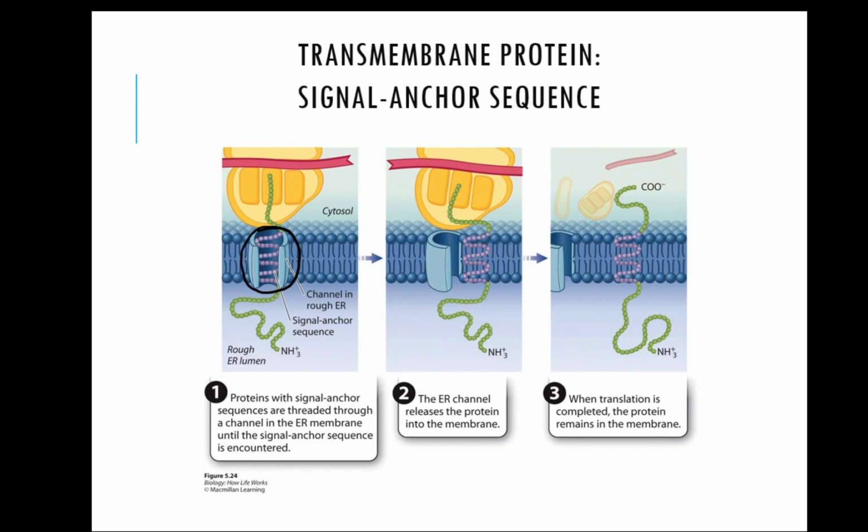You can't put those into the ER lumen. That would be a big flashing red light. What happens is this channel is actually very elaborate. It can open on the side. And what it does is it actually moves that hydrophobic stretch that's been translated into the membrane. Okay, so what you end up with is a transmembrane protein.